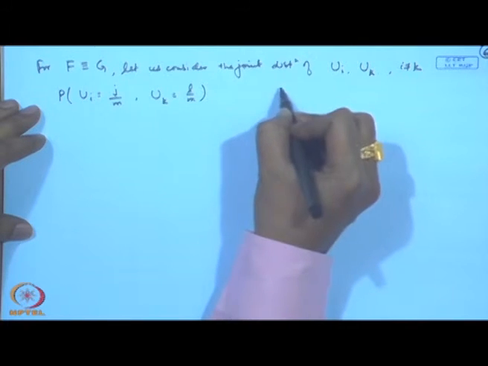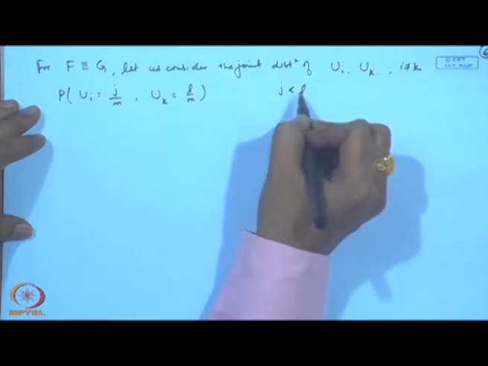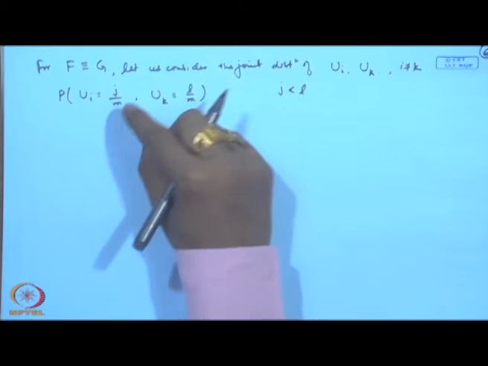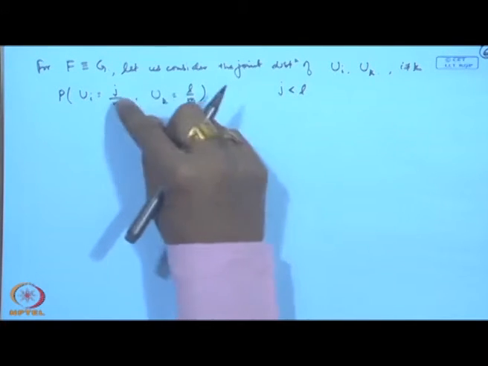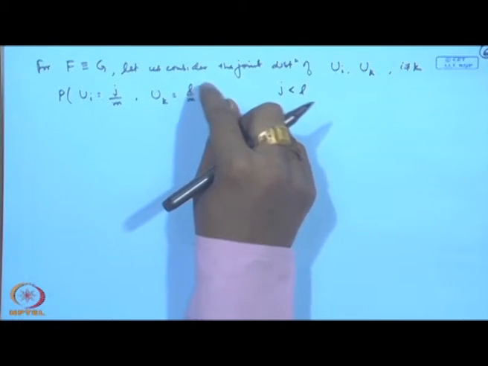Then you take say j less than L, because each of the u i's can take values 0, 1 by m, 2 by m up to m by m, and similarly u k.